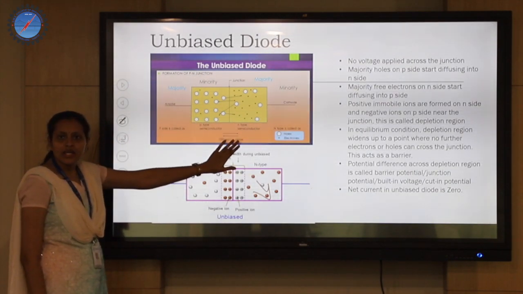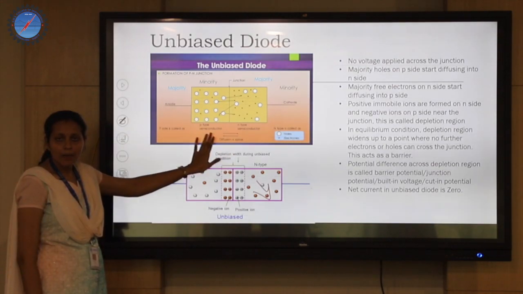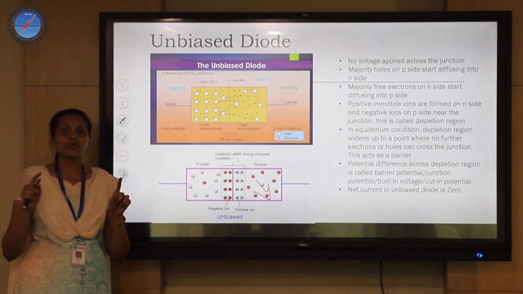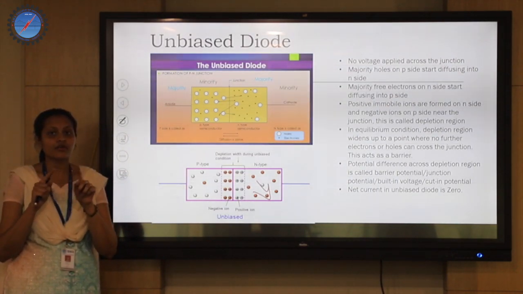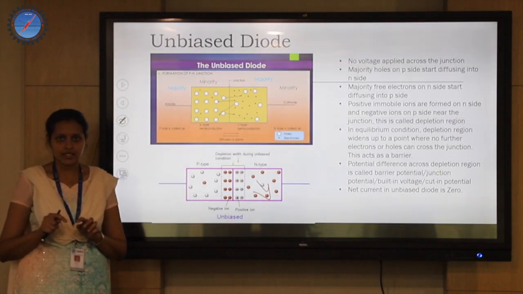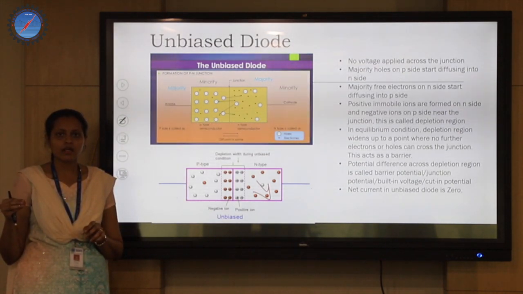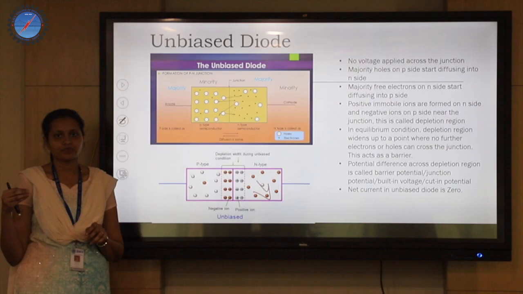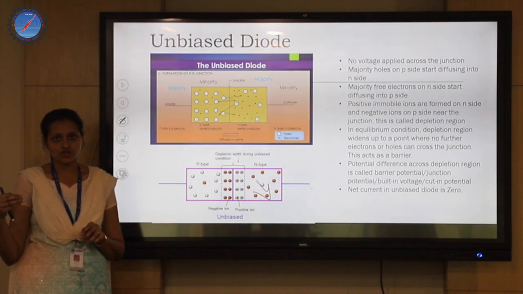Diode is nothing but a PN junction. What we do is, we take a pure form of semiconductor, which is intrinsic semiconductor, a silicon crystal or a germanium crystal. On one side, we dope the trivalent impurities, which forms the P region.